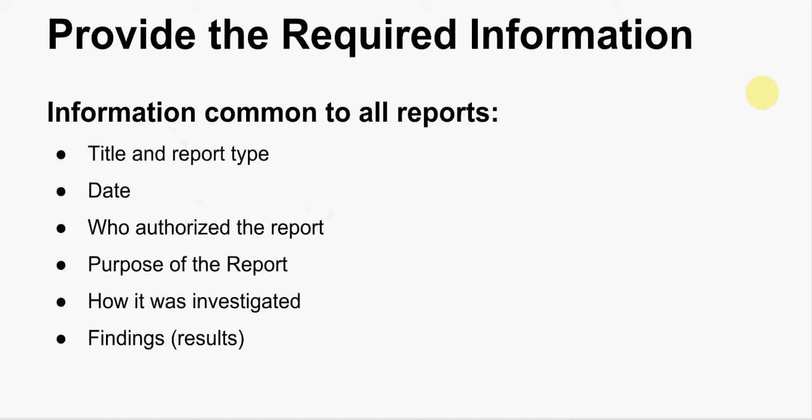Findings obviously are very important, and they have to be put in such a way that it's easy to find in the report and easy to understand. So it's put in a format that can be quickly digested because, again, reports are normally submitted to committees or to somebody making decisions, and they need to see the findings. It's one of the first things they'll look at so they can make an appropriate decision.